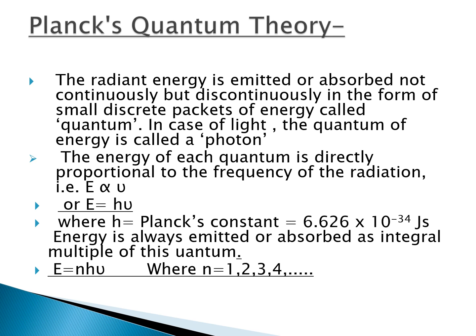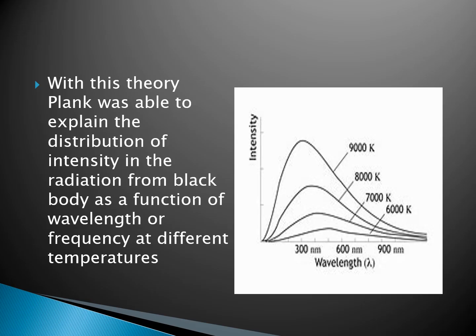Energy is always emitted or absorbed as an integral multiple of this quantum, meaning E is equal to n h nu, where n is 1, 2, 3, 4, and so on. Through this graph you can see that with this theory Planck was able to explain the distribution of intensity in the radiation from a black body as a function of wavelength or frequency at different temperatures.